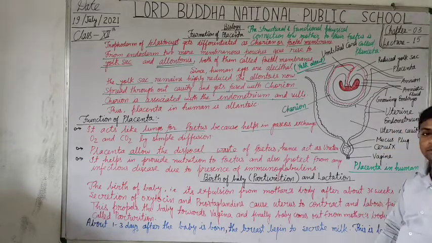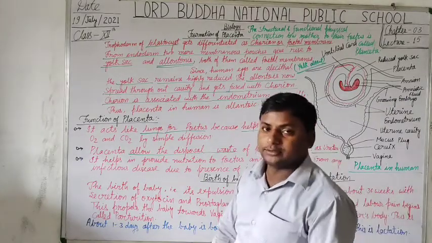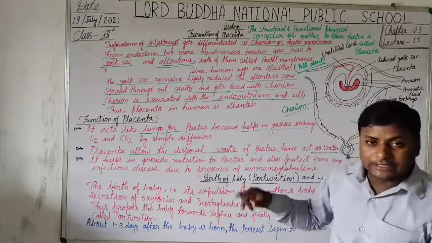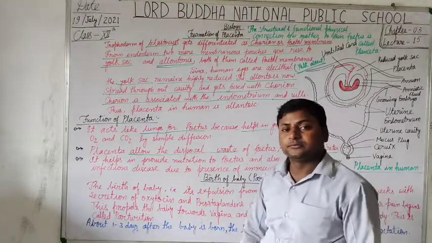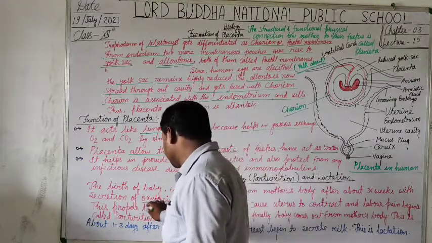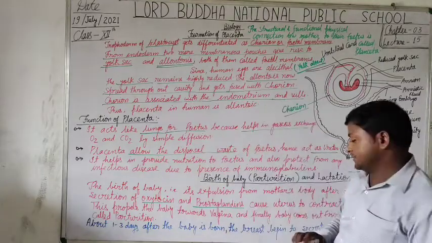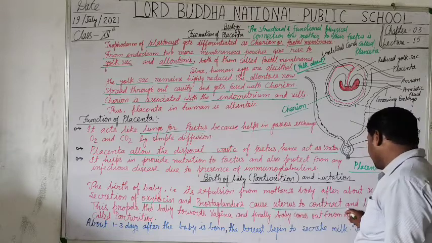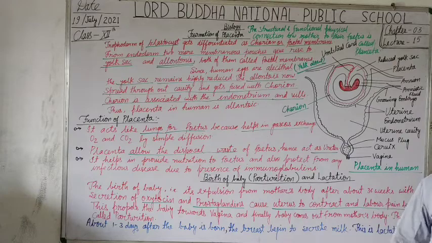after about 36 weeks, it means 9 months of pregnancy, with the secretion of pituitary hormones, that are oxytocin and prostaglandins, cause the uterus to contract and labor pain begins.